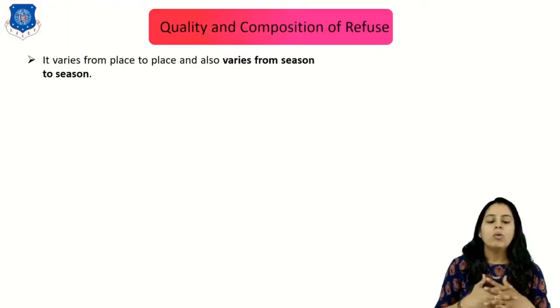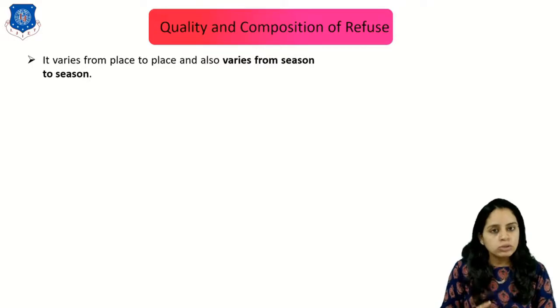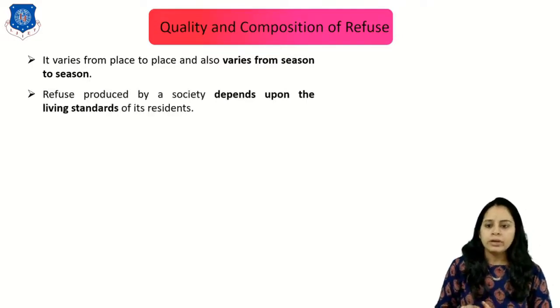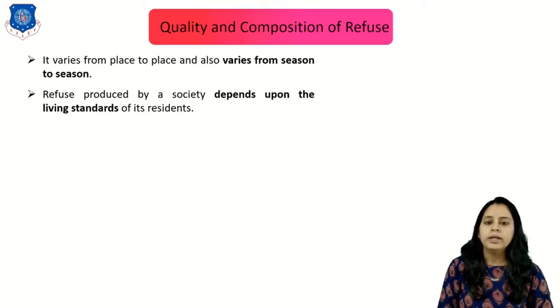Quality depends on the place and varies from place to place, and it also varies from season to season, right? The refuse produced by society depends upon the living standard of its residents. If the living standard of residents is very high, they produce very large-scale solid waste, right?